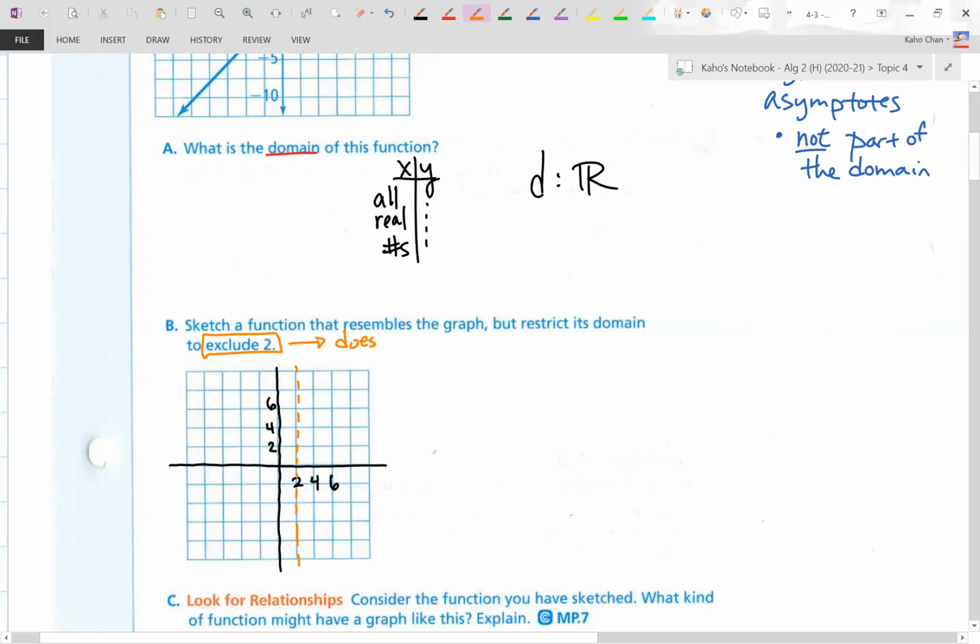It's not part of the domain. So I'm still going to draw that line, y equals x plus 2, but I just can't draw the part where x equals 2, and when you plug in 2, it becomes 4.